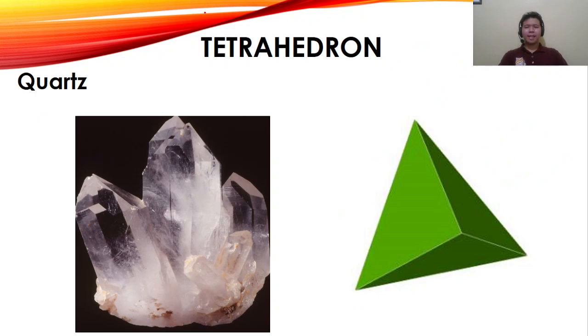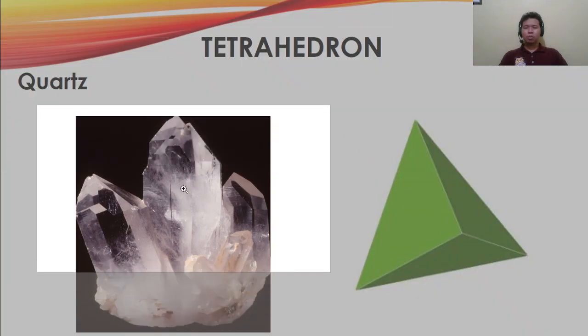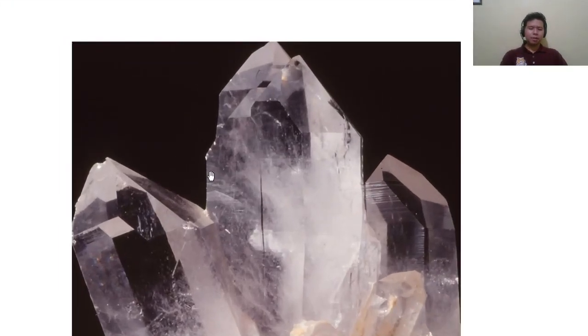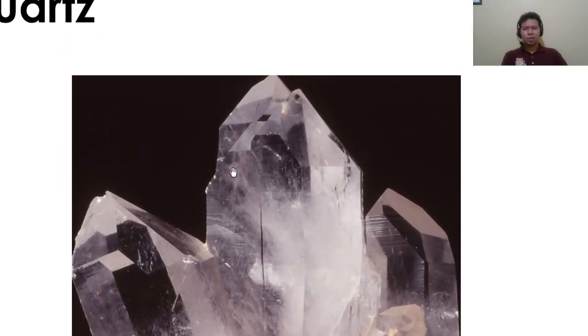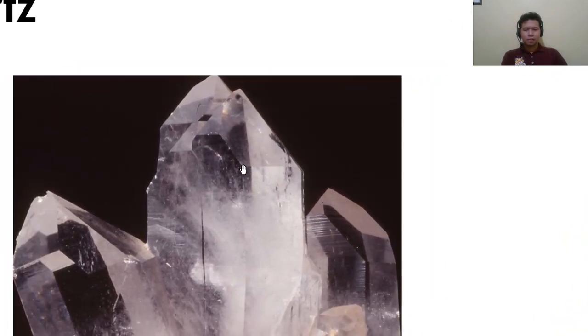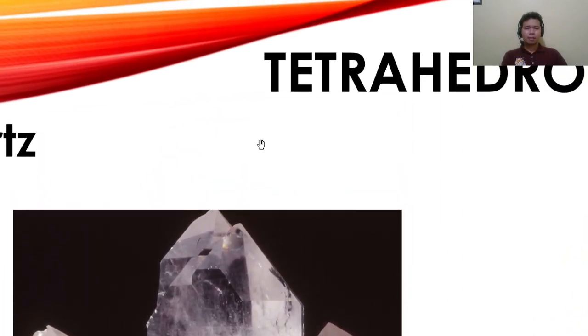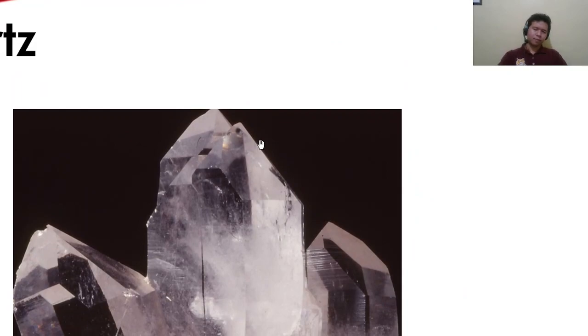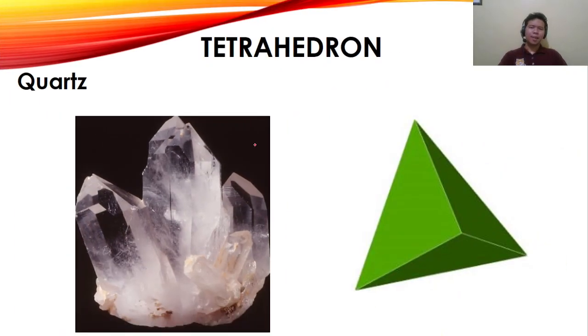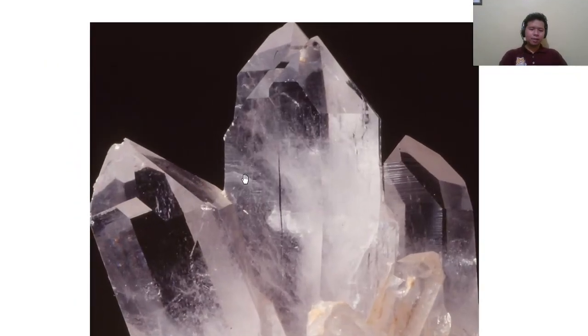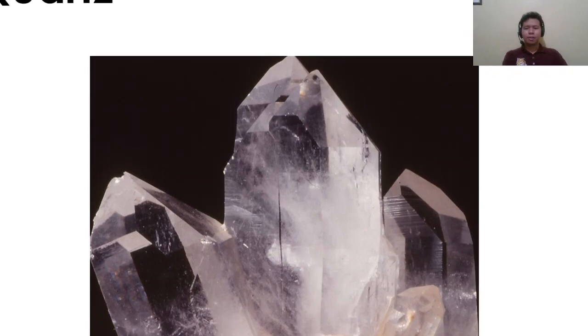Next, we have the tetrahedron. The quartz, for example. As you have noticed, the tip of a quartz is usually hexagonal. No, no, no. Sorry. It is usually tetrahedron, having a triangular shape at the tip of the mineral quartz. Okay?